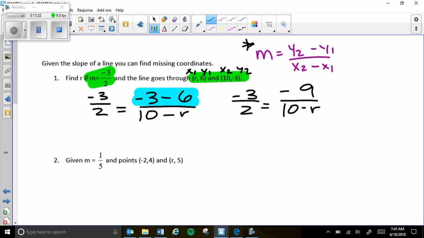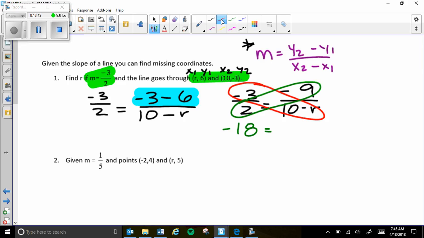Now, how do you think we solve this problem? What does it look like that we've learned in the past? It's set up to be like a proportion. So we multiply across. So 2 times -9 is -18. Now, it's important to remember that negative only goes with one number.